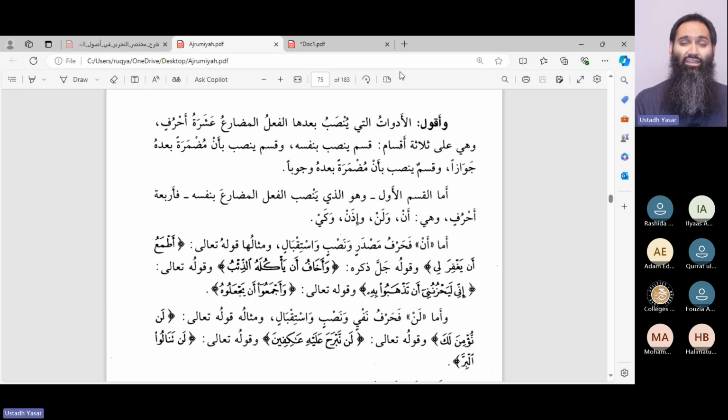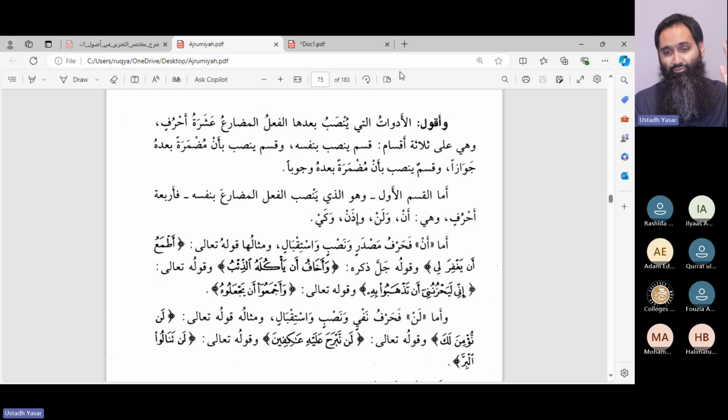Jawaz here means that it's hidden, but you can say it if you wish. It has been heard from the Arabs that after these certain letters, the an can be pronounced, but can just be, or you don't say it. And this can be apparent or hidden.